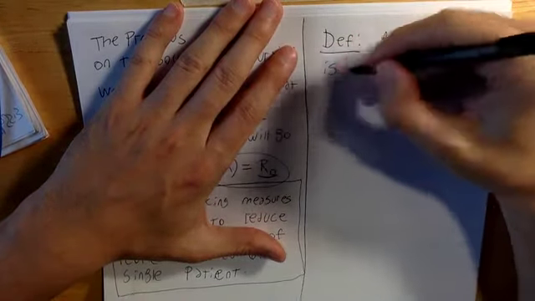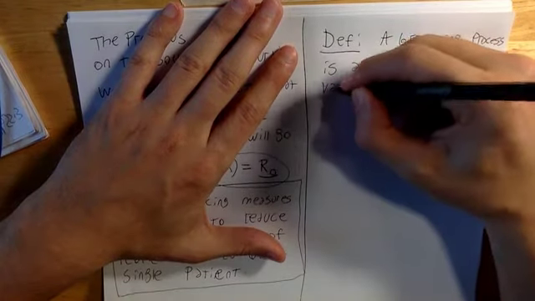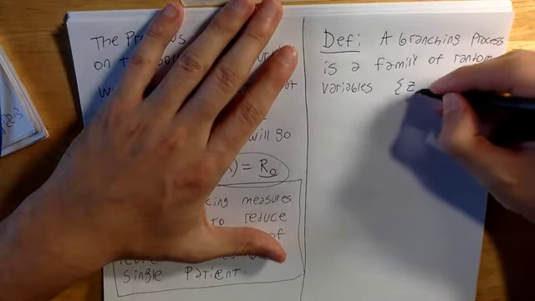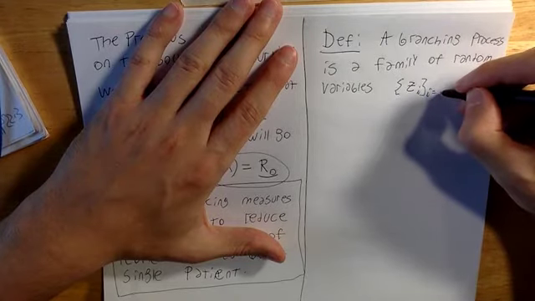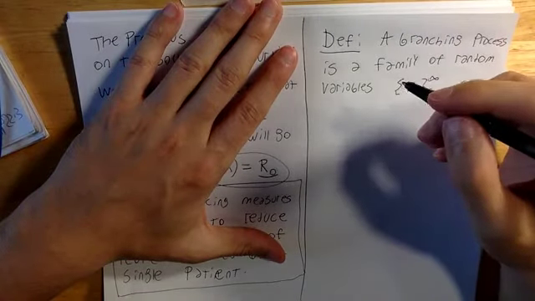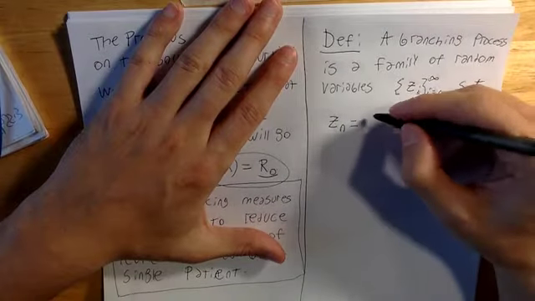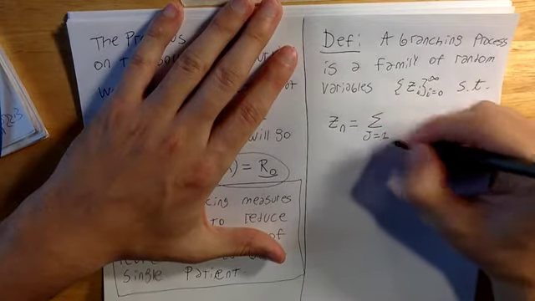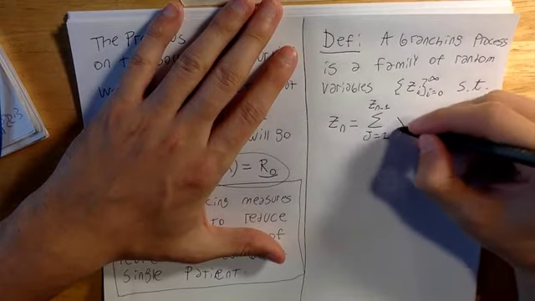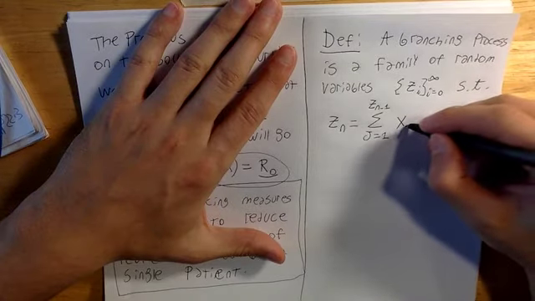A branching process is a family of random variables Z_i, from i equals 0 up to infinity, such that Cn is equal to the sum from j equals 1 up to the value Cn minus 1 of x, and let's call them X_{n-1,j}.